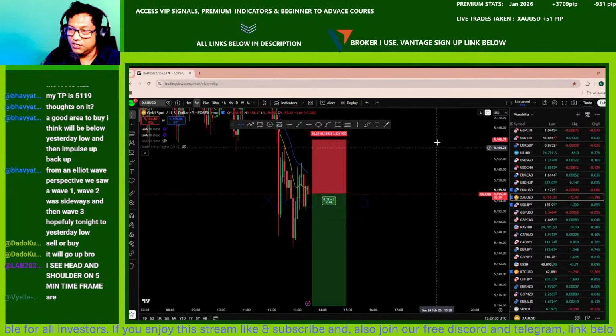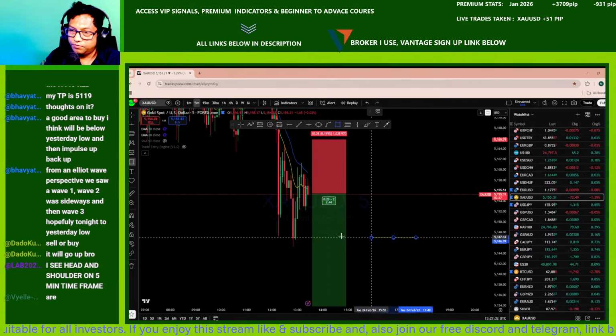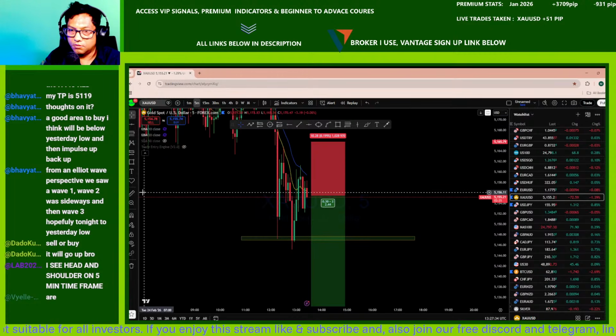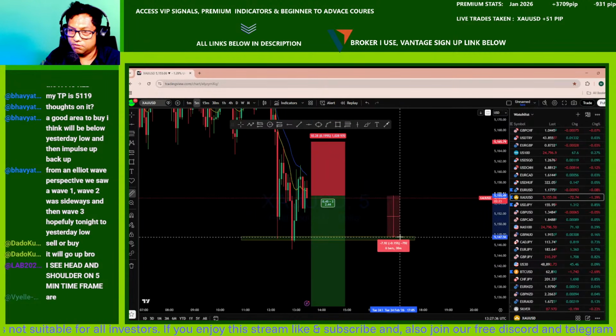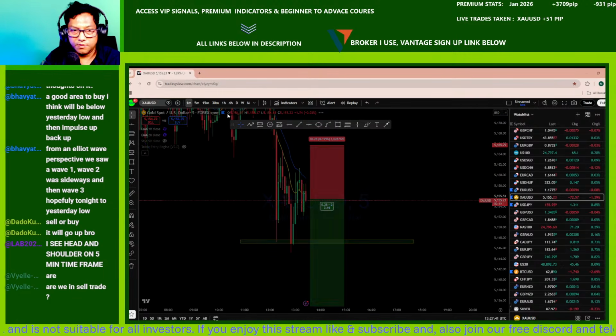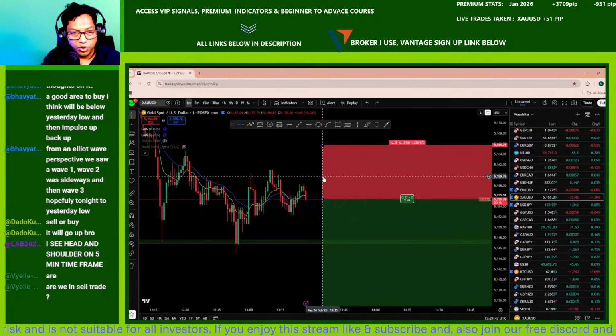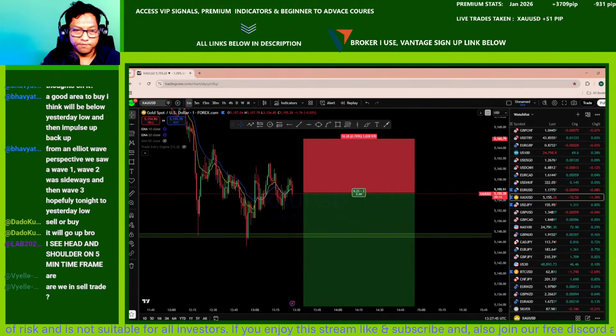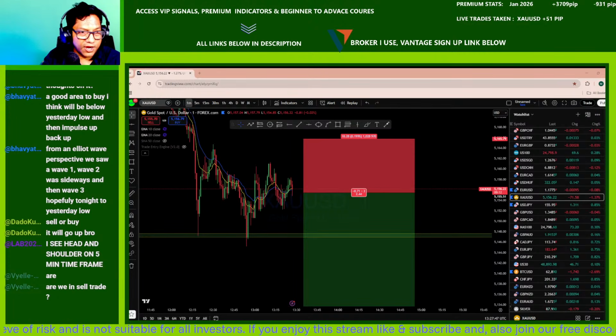If we see it coming to the support, it's going to be a comparatively better move here, almost 78, 80 pip here. Are you in sell? Yes, we are on a sell trade, and I am near at entry here.